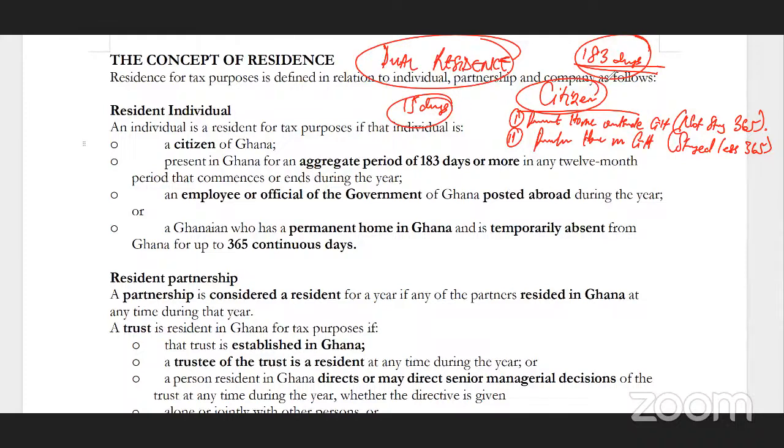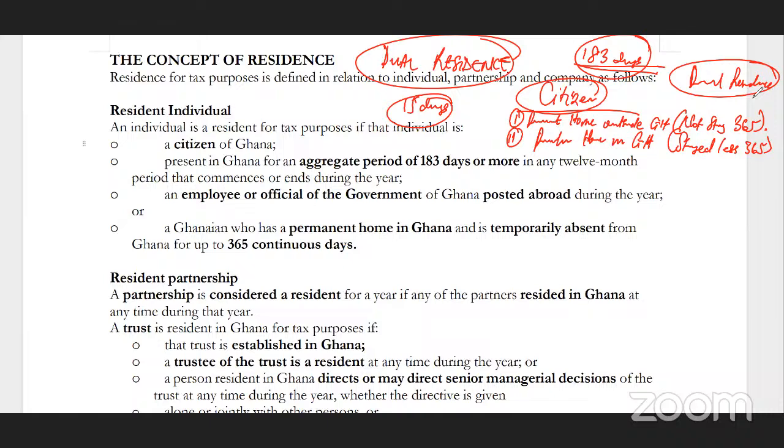UK will also say you are resident, creating what we call dual residence. And this dual residence that will be created, we use something we call the tiebreaker rule to deal with this scenario. Are we okay? We are not yet going there, but I just want you to understand that you can be resident in two or more states at the same time. And then we have to find a way to solve that issue. Otherwise, you end up with double taxation.